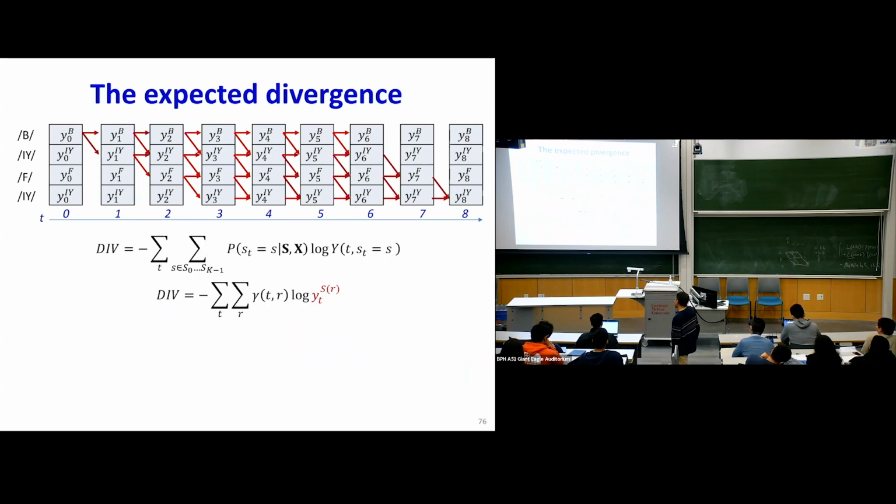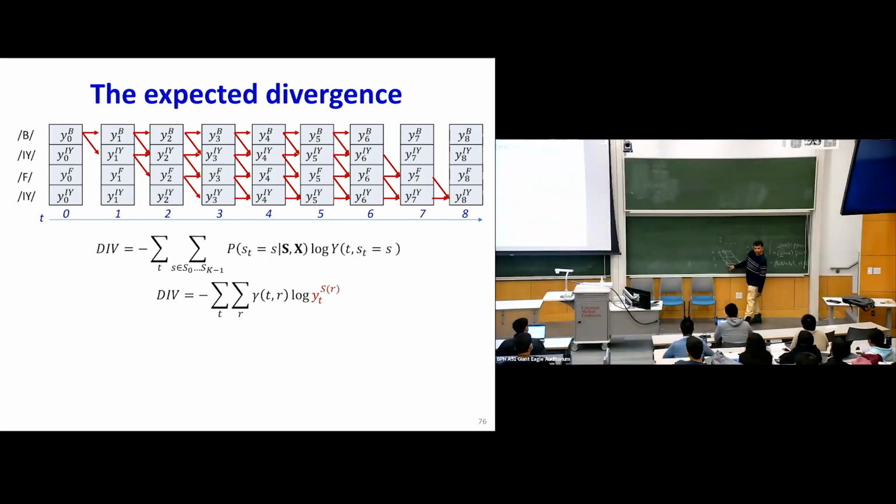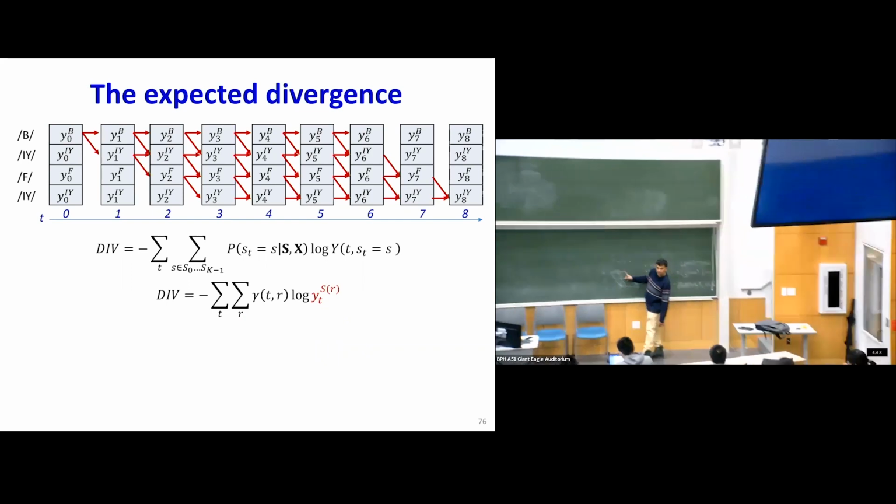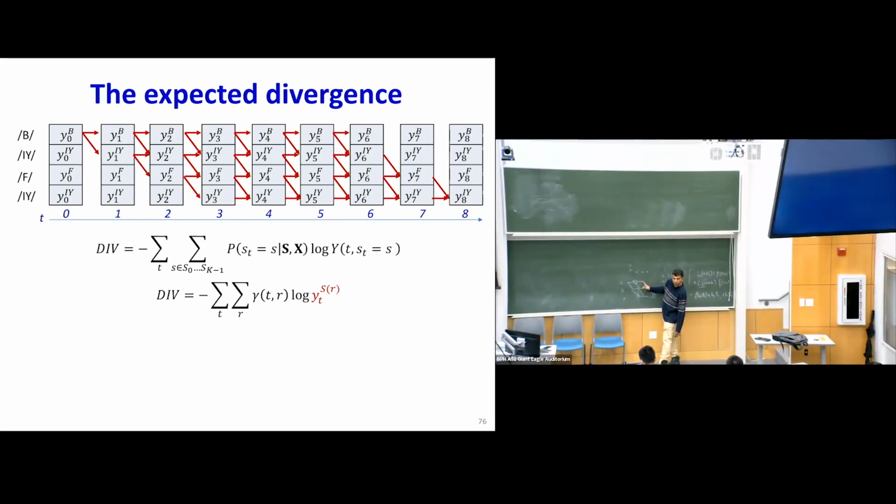And once I have that for every node over here, then I can just compute. So this is, my line is bad. Then at time t, this is going to be the gamma over here times the log of the probability at this node, plus the gamma here times the log of the probability at this node, plus the gamma here times the log of the probability at this node, and you sum this over all time, right?